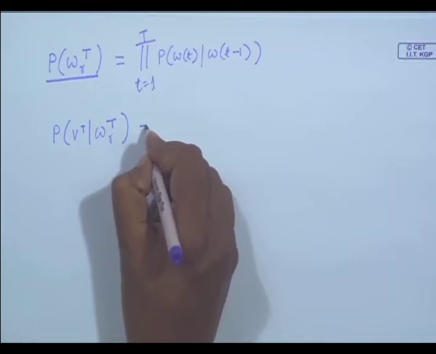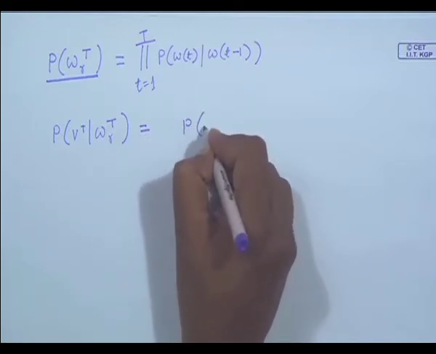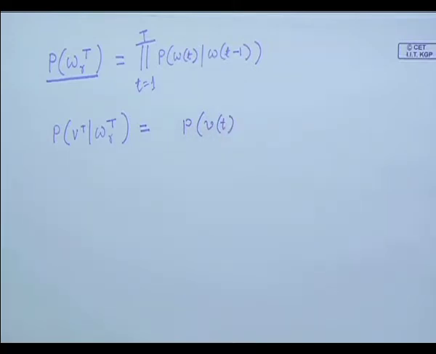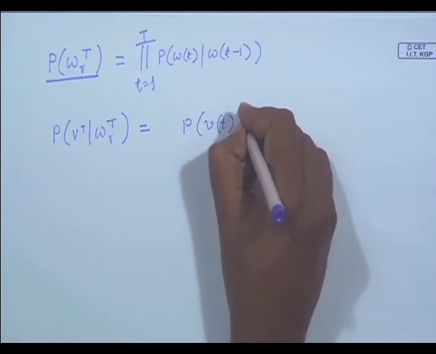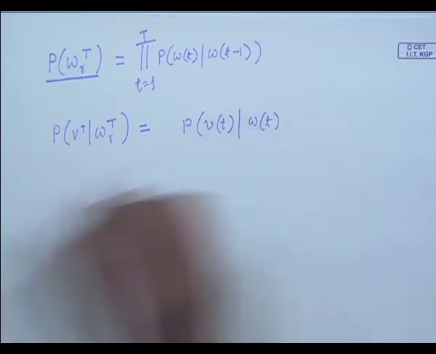So, accordingly, I can write this in the form: this is the probability of emission of visible symbol at time step t given the machine is in state omega at time step t.